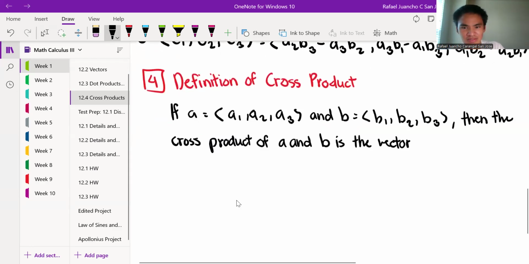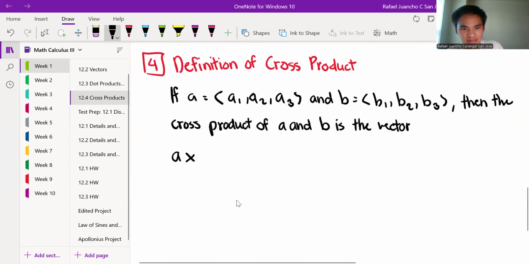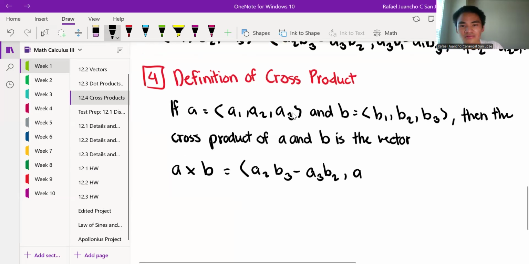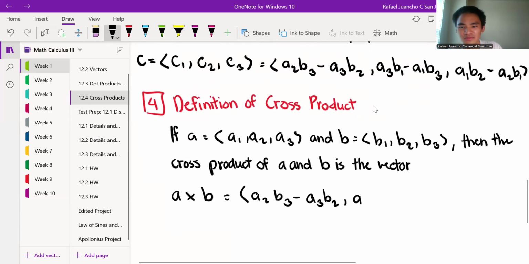That's their cross product, A x B or A times B. It kind of looks like a multiplication. A2B3 minus A3B2, A3B1 minus A1B3, A1B2 minus A2B1.